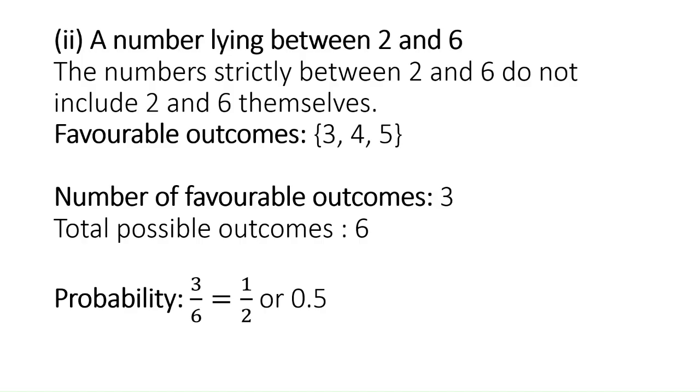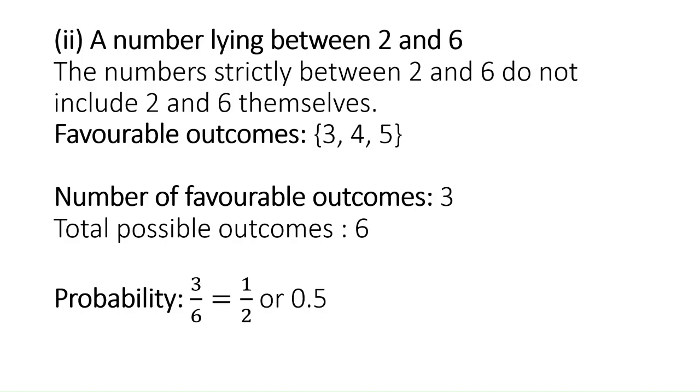Okay, so total favorable outcomes will be 3 only. That means when we get 3 or 4 or 5, any of these three, we are successful in that event. Yes or no? So the total number of favorable outcomes will be 3. So what are the favorable outcomes? Either 3 or 4 or 5. So total number of possible outcomes are 6 here.